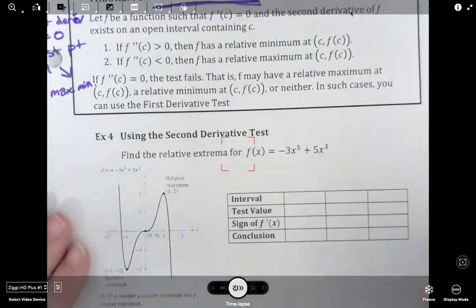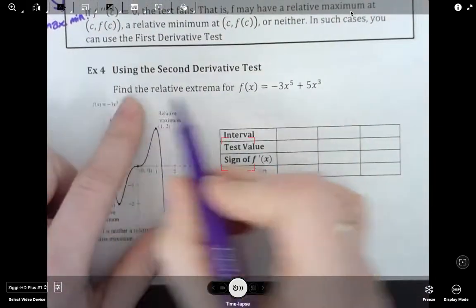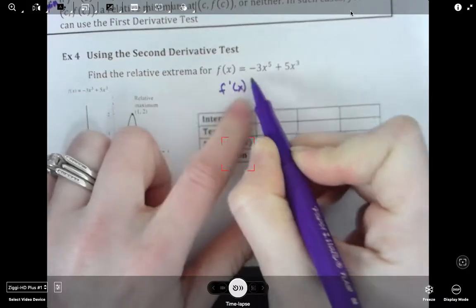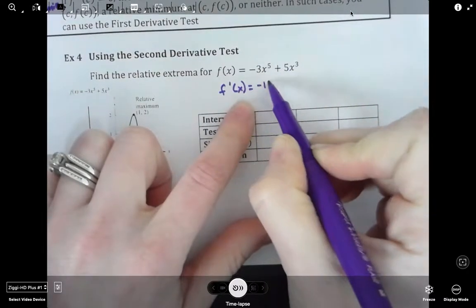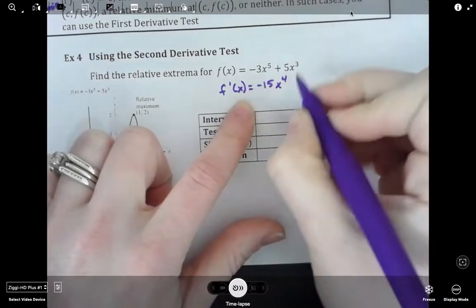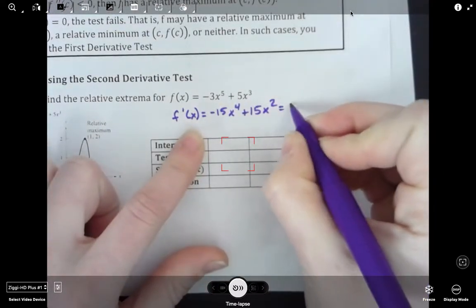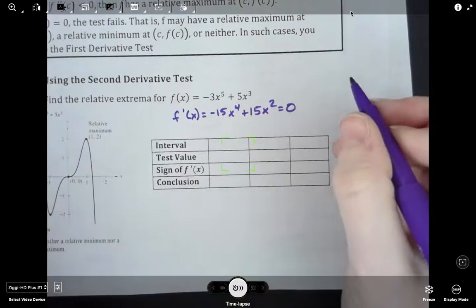And here's how this works, okay? Find the relative extrema, so you're going to take the first derivative. This would be negative 15x to the 4th plus 15x squared. You're going to set that equal to 0 to find your critical numbers, just like you did in the previous section.